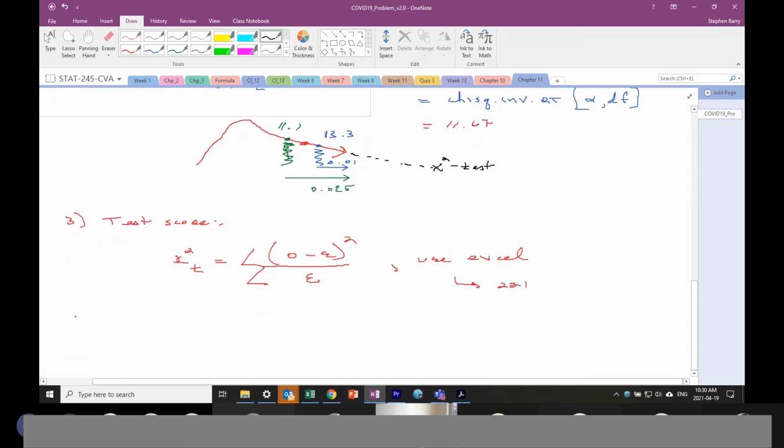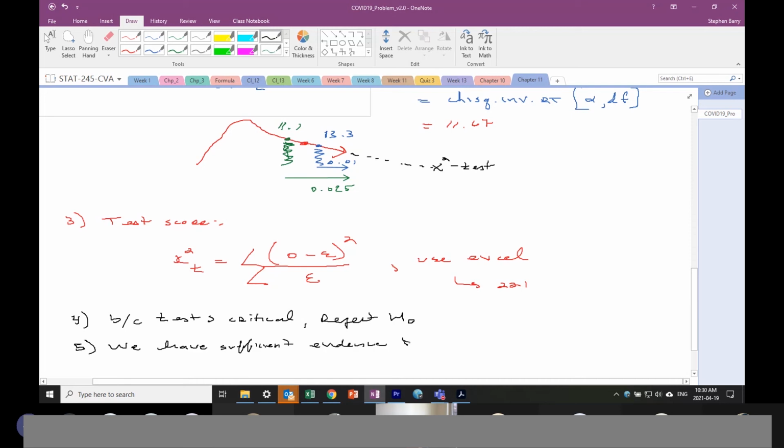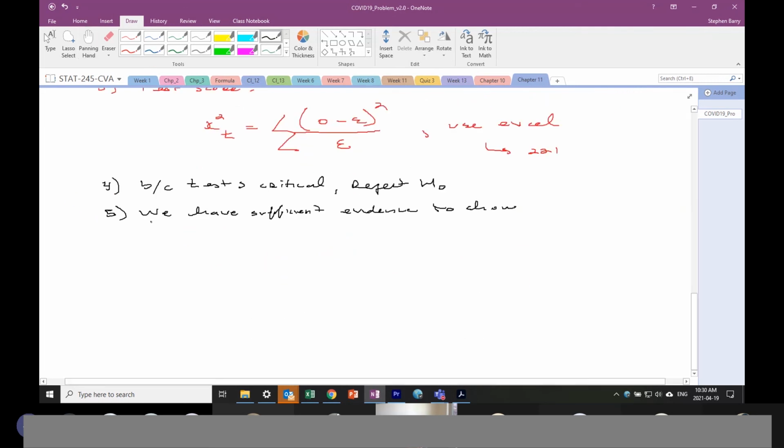And so, just like everything else, because the test is greater than the critical, reject the null hypothesis, which indicates that we have sufficient evidence to show that something is impacting the virus reproduction, right?